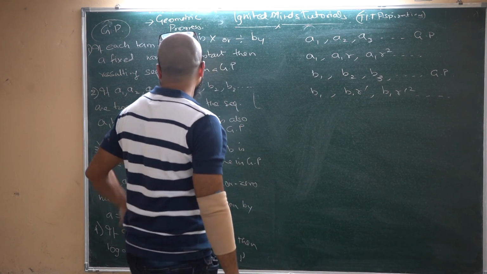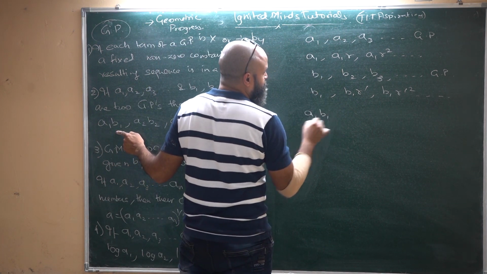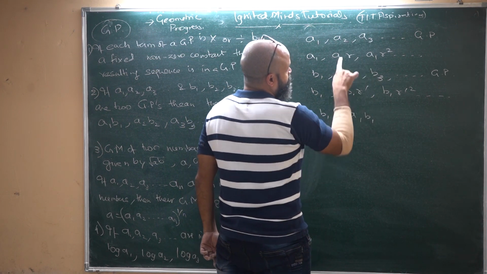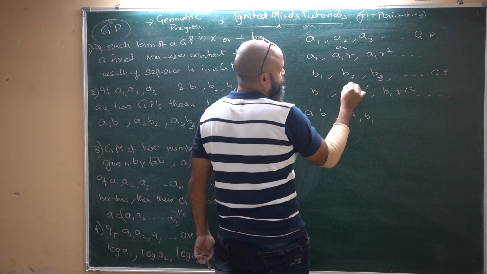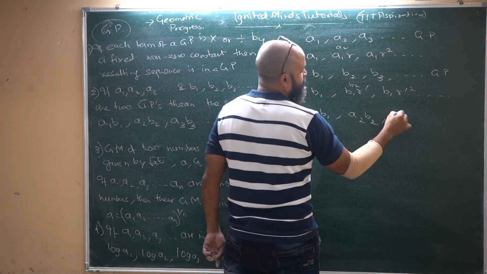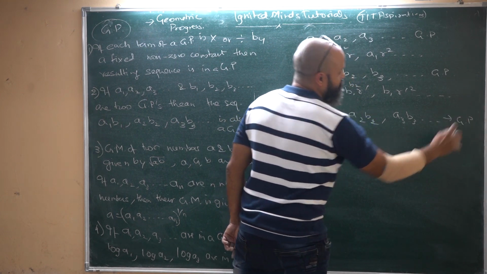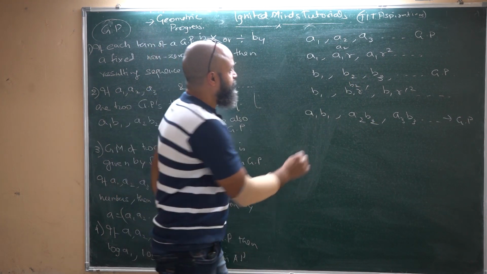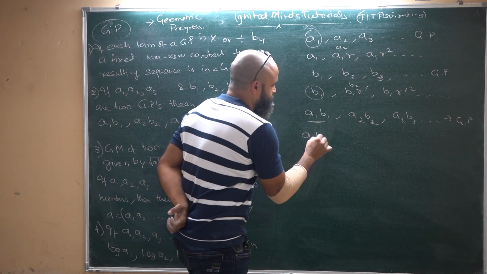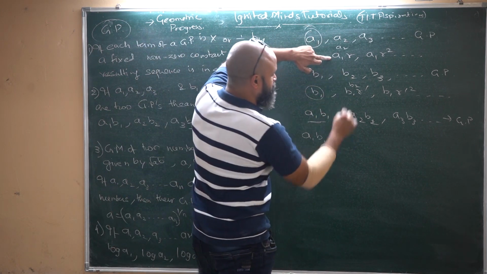If we happen to combine them in the sense that we get them multiplied, so A1B1, A2B2, A3B3. This is also a geometric progression. How? Let's look into this. A1, B1, what will we have in A1 and B1? This is just going to remain as A1B1. If we look into A2, B2, what is it going to give you?